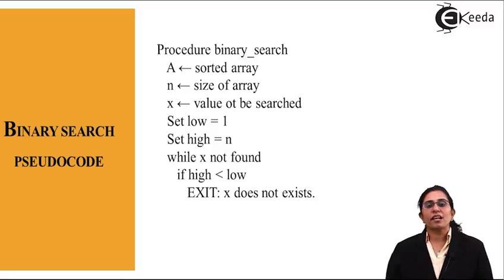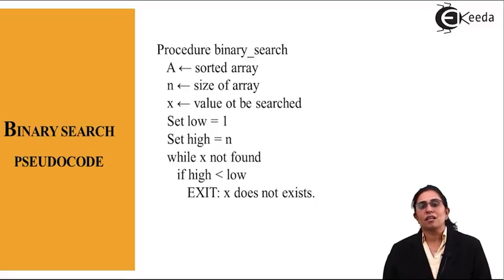No, 5 is greater than 1. If at any position my high becomes less than low and the element is not found, we say X does not exist, that is the element is not found in my list.